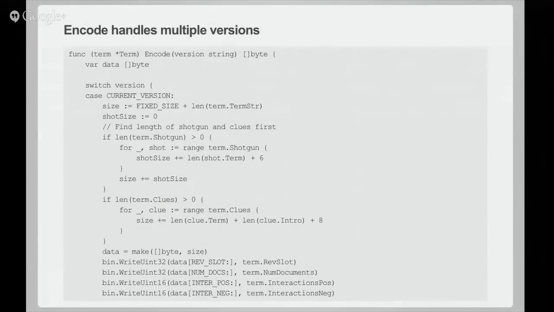So it looks a little bit like this. We include a version. Our benchmarks show that the switch is pretty negligible, so we went with this option. Essentially, it means that in a package for a given object, we can change the data structure and we can encode and decode different versions and convert them to and from each other really, really easily.